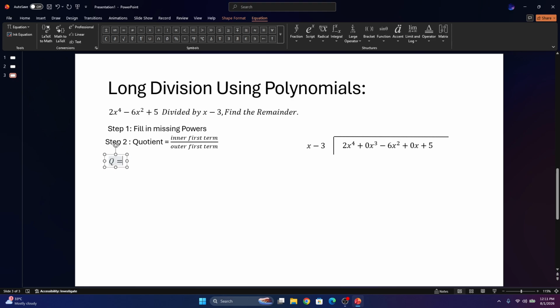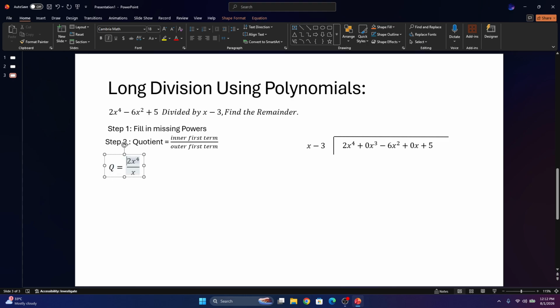So q, which is basically quotient, is going to be equal to, like we just add a fraction right here, 2x to the fourth divided by x, which is just going to give us 2x cubed, because we have removed one power of x from 2x to the fourth, so it's just going to be 2x cubed.